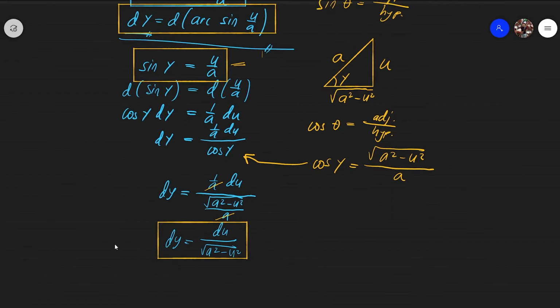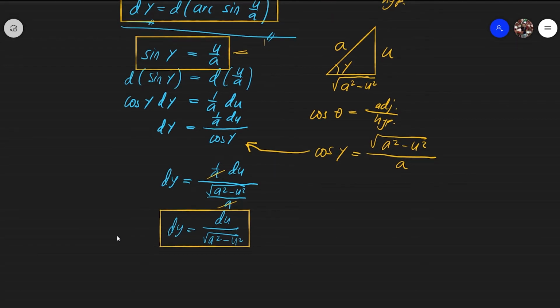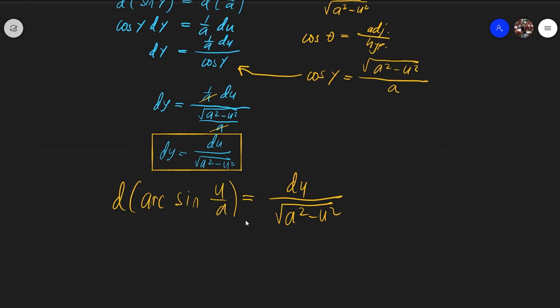So you can say therefore that the derivative of arcsine u over a is equal to du over the square root of a squared minus u squared. This is the formula for the differential of the inverse trigonometric function, arcsine.